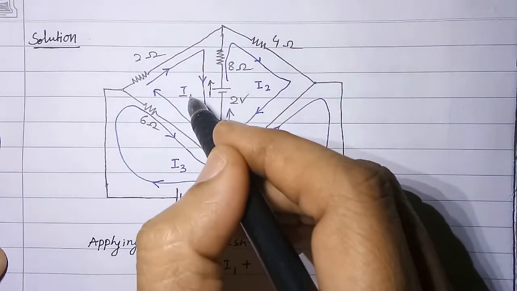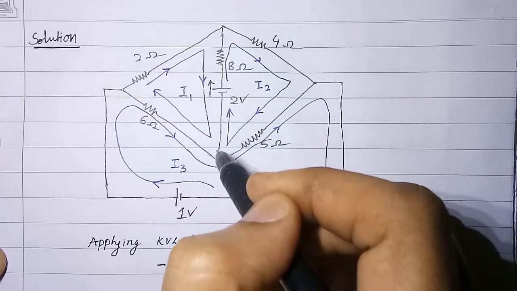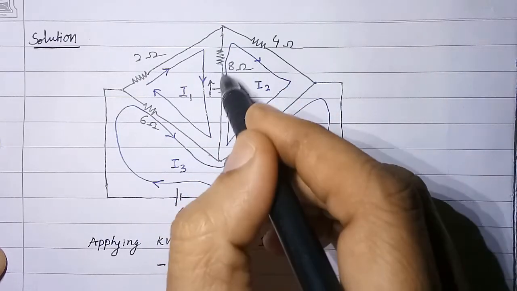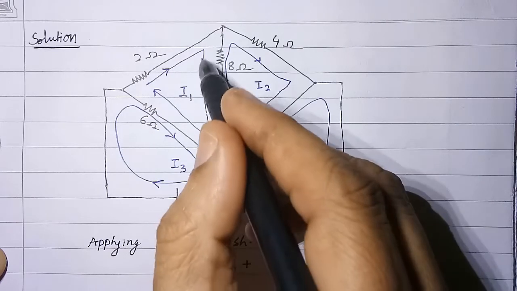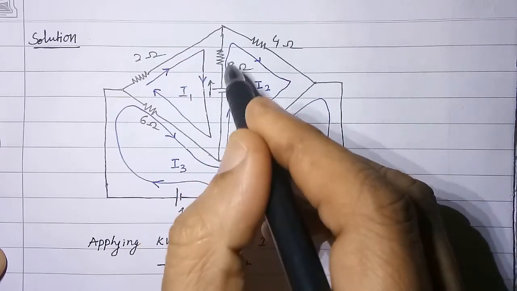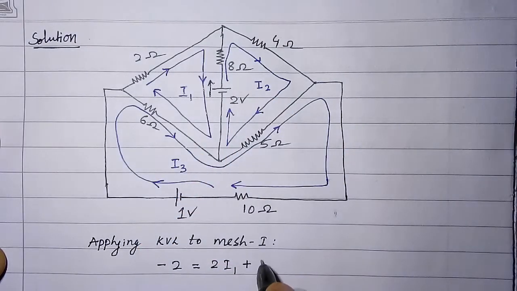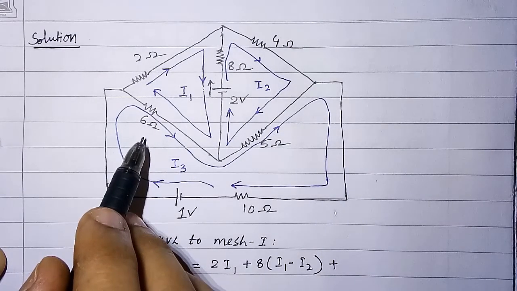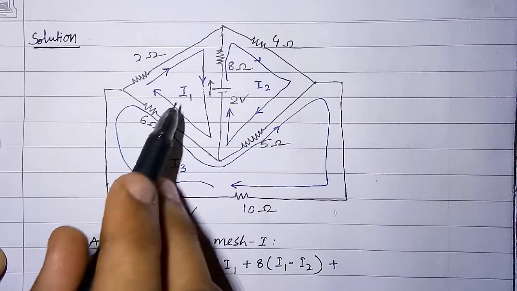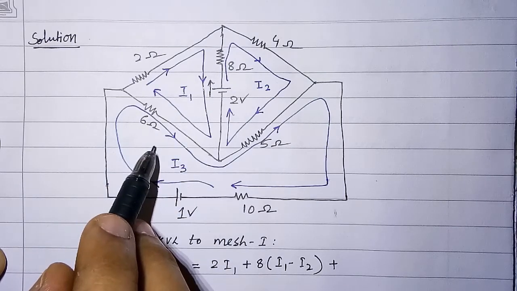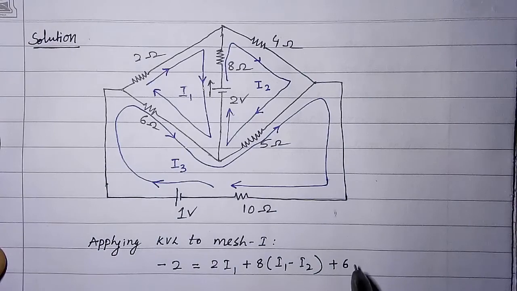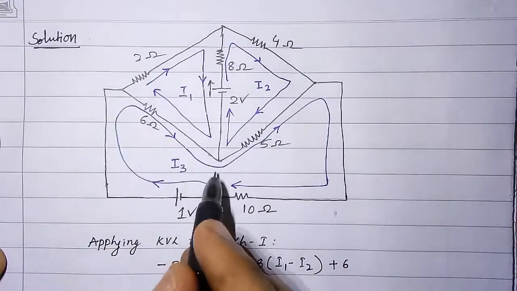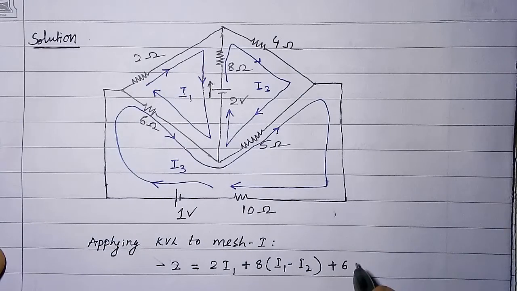plus I1 minus I2 into 8 ohm, because through 8 ohm direction of I1 is downward and direction of I2 is upward. 8 into the bracket I1 minus I2 plus 6 into I1 minus I3, because I3 is flowing downward and I1 is flowing upward here.